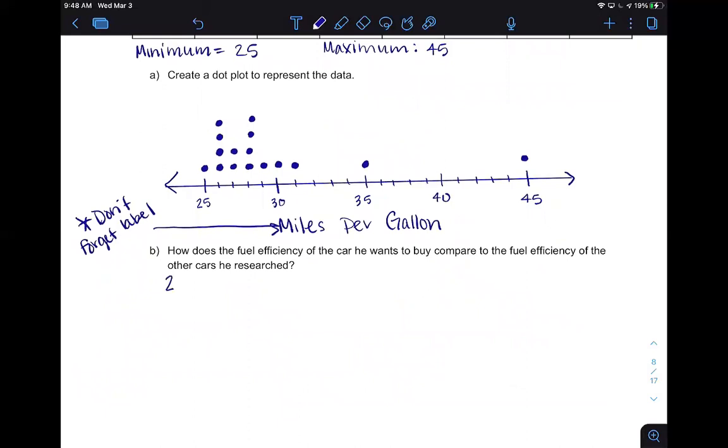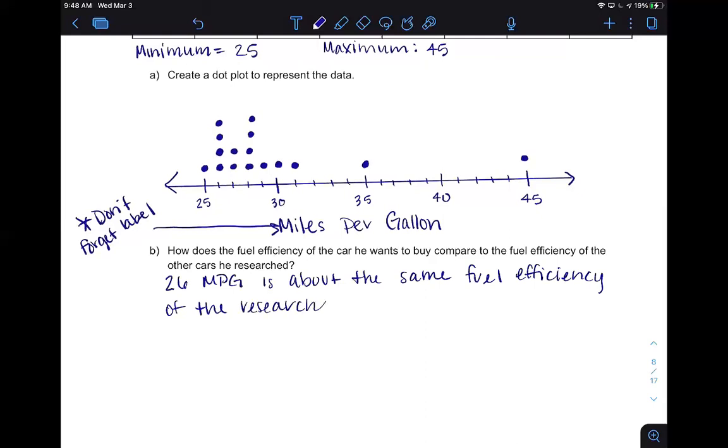But we can say 26 miles per gallon, I'm going to abbreviate MPG, is about the same fuel efficiency of the researched cars.